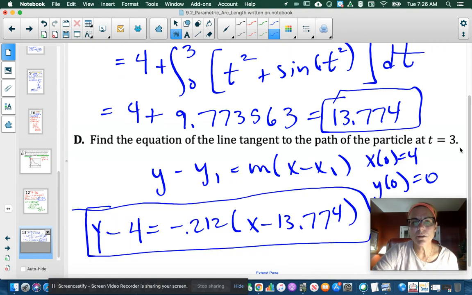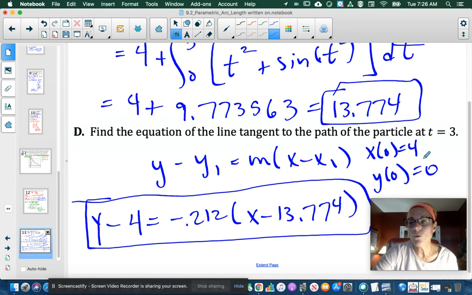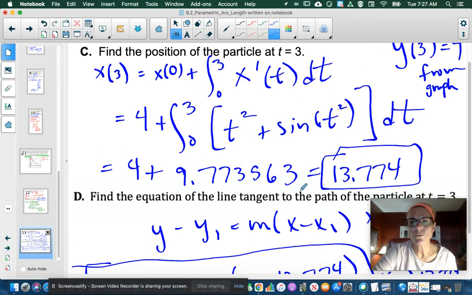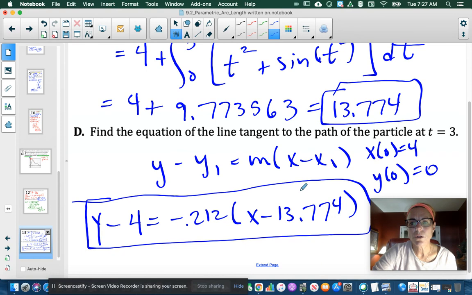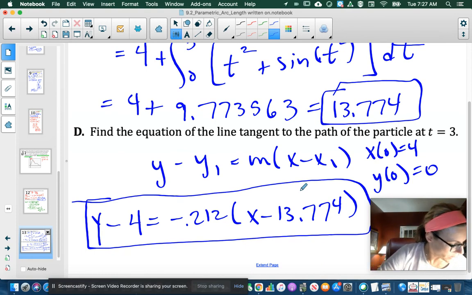The last part, find the equation of the line tangent to the path of the particle at t equals 3. Point slope form, we know the initial position is 4. We know the initial position at y is 0. So we now know, what am I forgetting here? Y minus, oh, I have to scroll down.